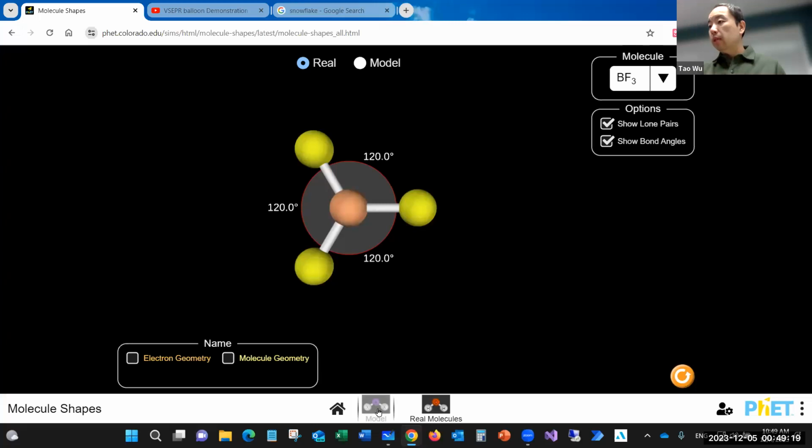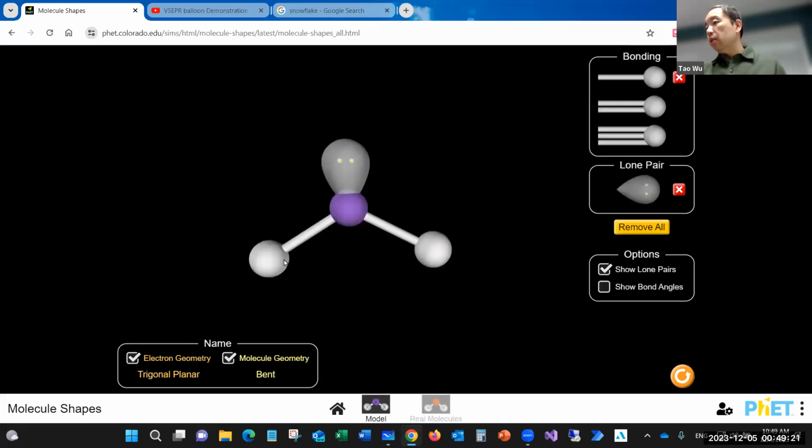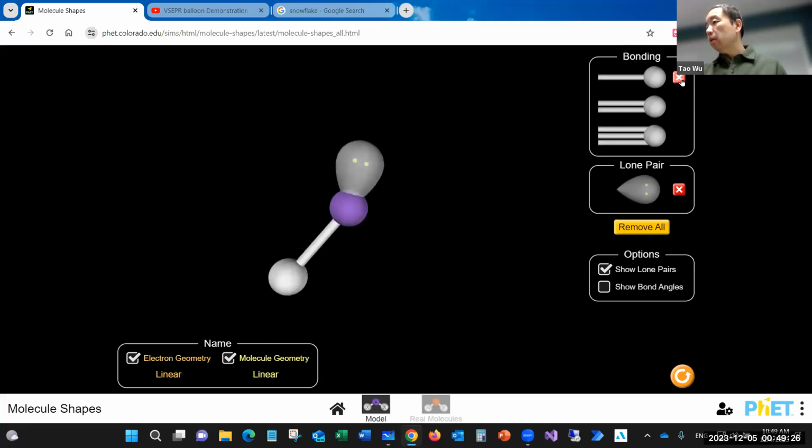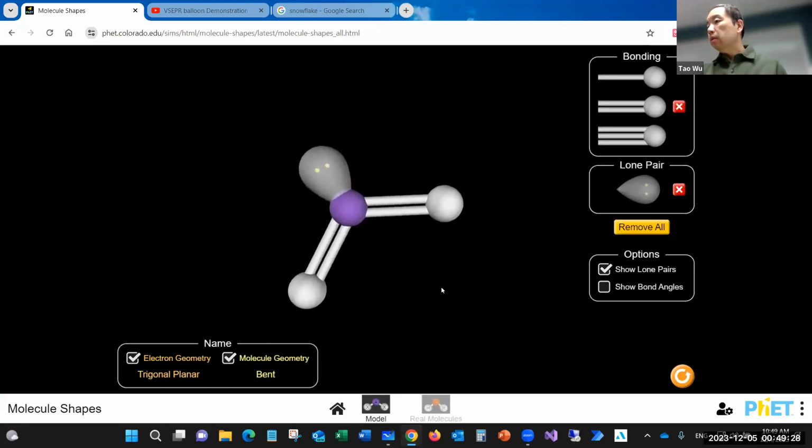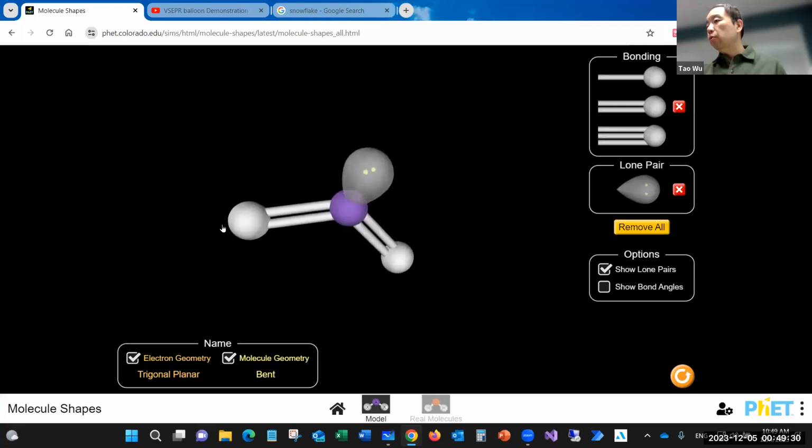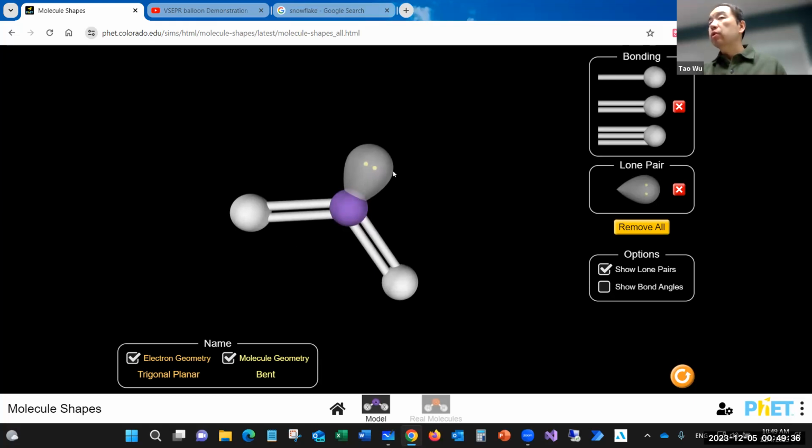This has two bonding domains, and one lone pair shown here, and the real visible part is just the two bonds.